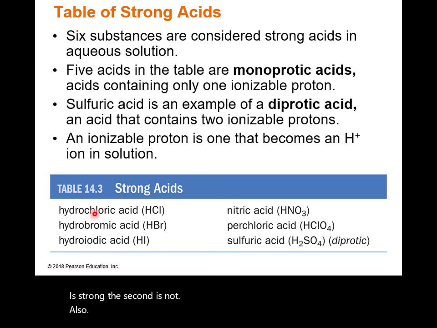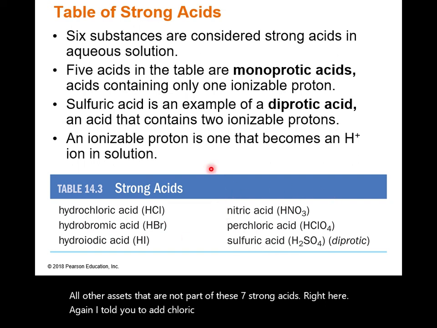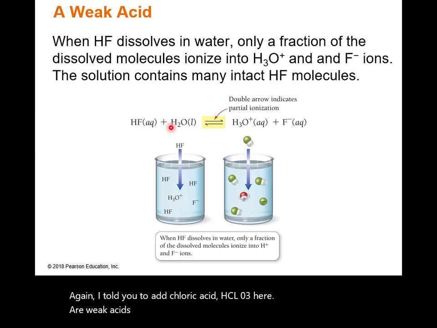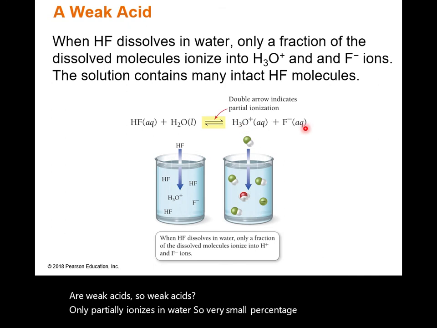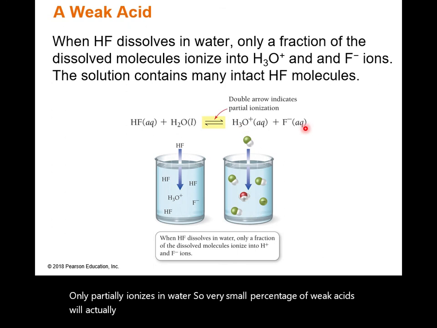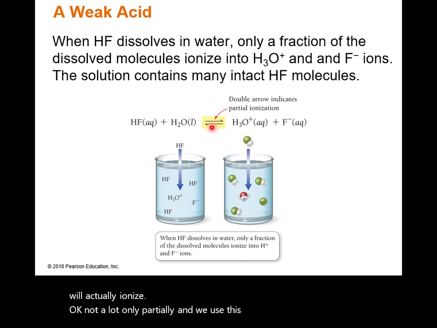All other acids that are not part of these 7 strong acids, again, I told you to add chloric acid, HClO3 here, are weak acids. Weak acids only partially ionize in water. A very small percentage of weak acids will actually ionize. Not a lot, only partially. And we use this double arrow to indicate that partial ionization.